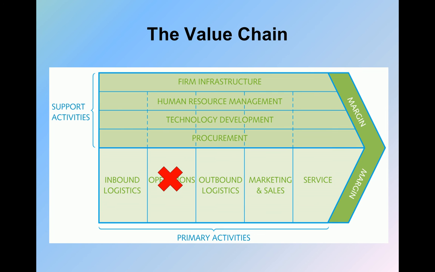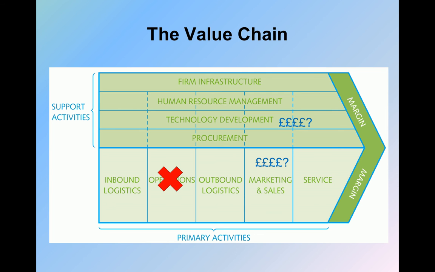So Apple don't do their manufacturing, they leave that to somebody else, and they concentrate on the marketing and after-sales service and on the technology development. So by freeing up capital from the manufacturing, they can gain greater differentiation by investing in marketing and sales and the development and integration of new technologies.